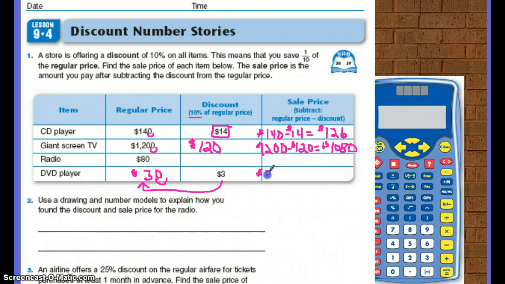So my number model is going to be 30 minus the 3, which means that the actual price I'm paying for that $30 suggested retail item, the DVD player, is actually going to end up costing me $27. Try to finish the rest of the problems on your page and then go check your answer with the answer key.